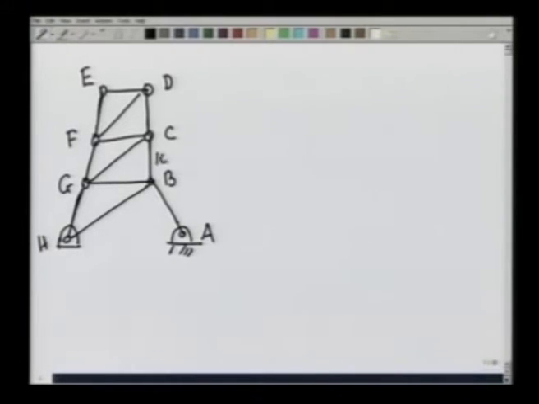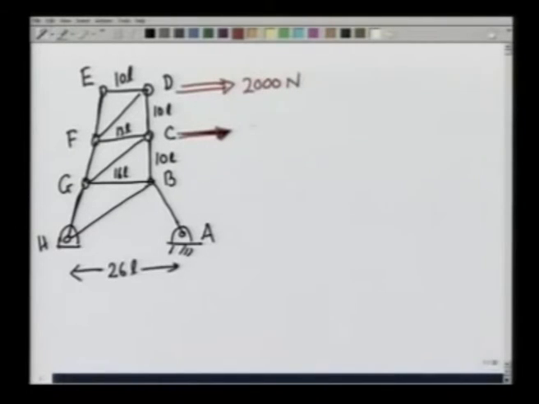This is 10 L in length, so is ED 10 L, this is 13 L, FC is 13 L, GB is 16 L, and this length is 26 L. The truss is loaded at points C and D by 2000 newtons each, and we want to calculate the forces on different members.